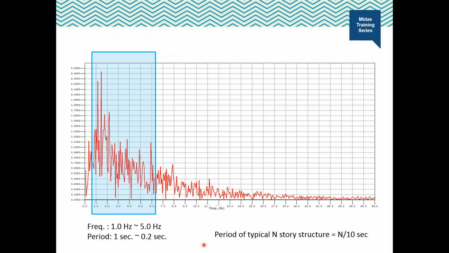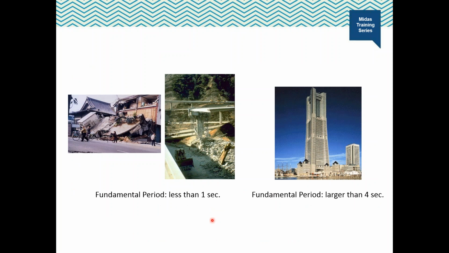Approximately, these fundamental periods correspond to 2 to 10-story buildings. That is why the damage of the structures is usually severe in the low-story buildings and minor in the tall buildings.